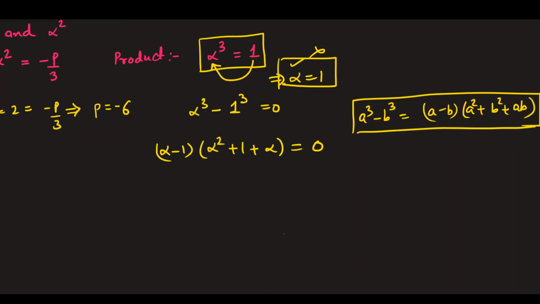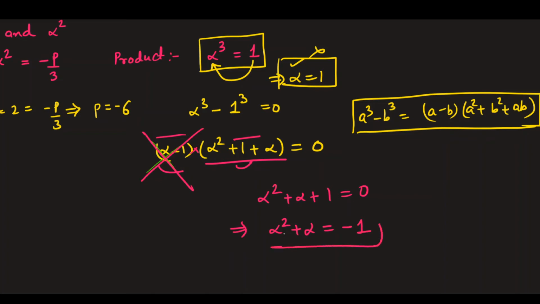Now we have seen that alpha is not equal to 1, so we cancel this case and we are left with this thing. If the multiplication of this and this is 0, then either this should be 0 or this should be 0. But we have eliminated the case when alpha is equal to 1, so we are left with alpha square plus alpha plus 1 is 0, which implies alpha square plus alpha is equal to minus 1.